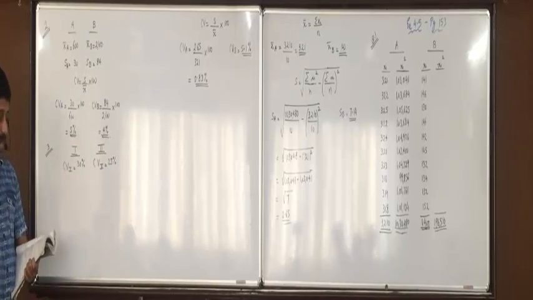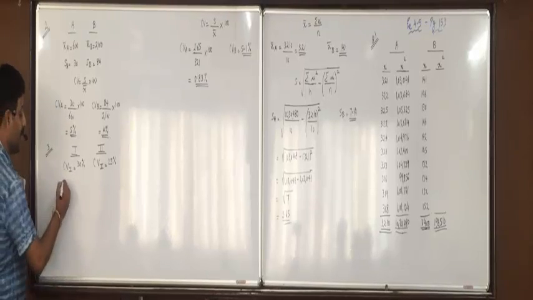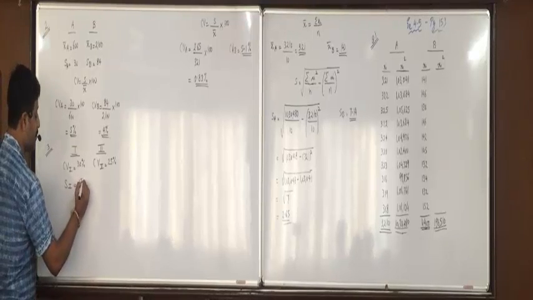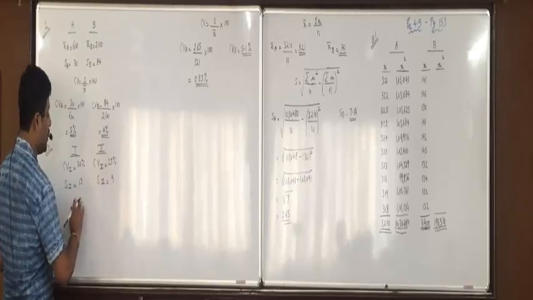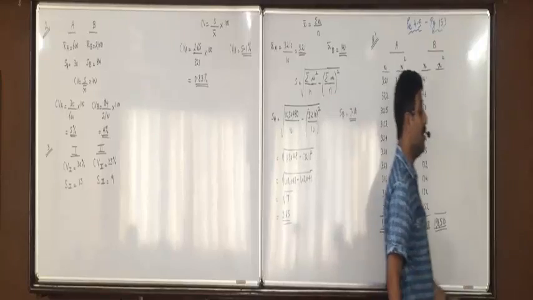Further, their standard deviations are 15 and 9 respectively. Standard deviation of series 1 is 15. Standard deviation of series 2 is 9. Find their means.